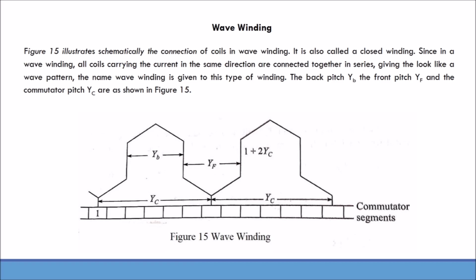The name wave winding is given to this type of winding. The back pitch YB, the front pitch YF, and the commutator pitch YC are shown in figure 15.